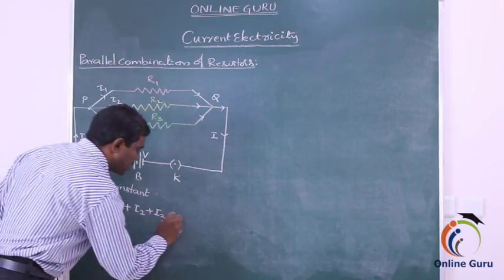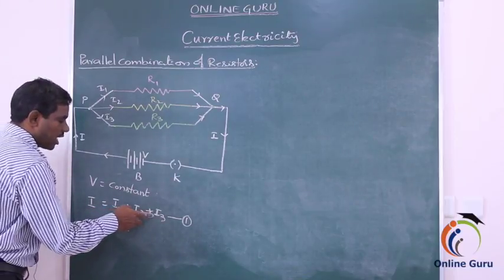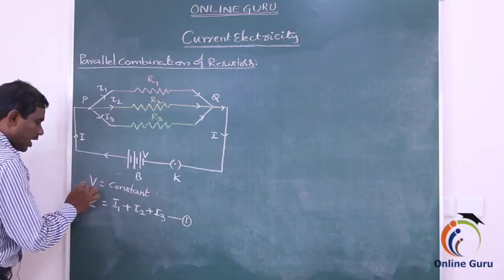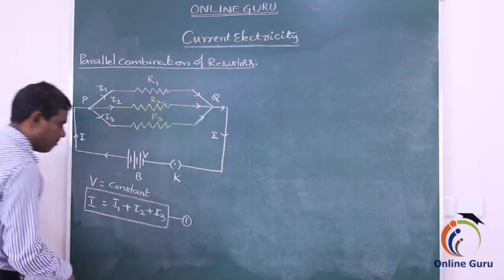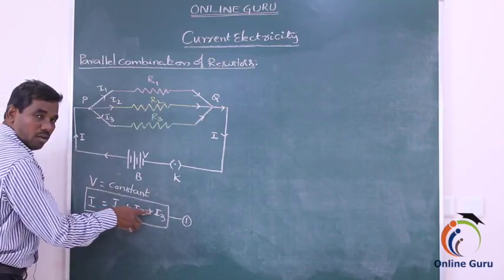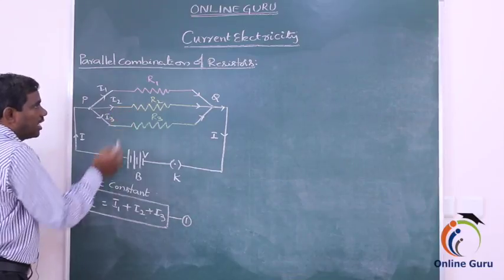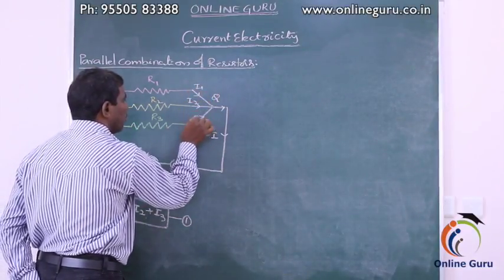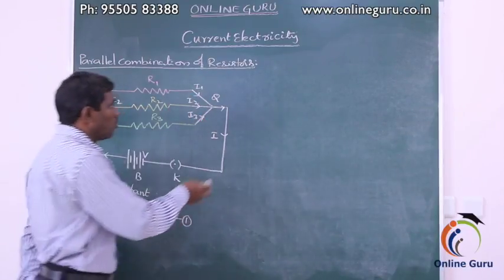It can be written as I is equal to I1 plus I2 plus I3. This is equation 1: the net current through the circuit is equal to the algebraic sum of the individual currents through the resistors R1, R2 and R3.